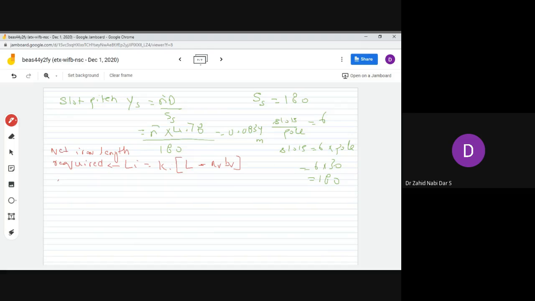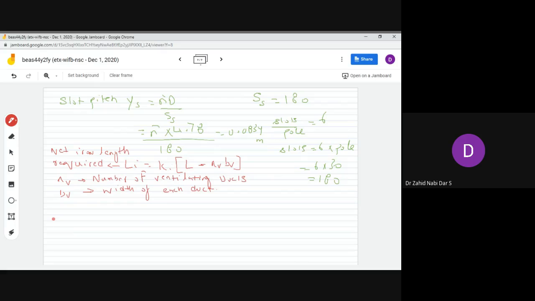I will write down: Li is the net iron length, NV is the number of ventilating ducts, and BV is the width of each duct.